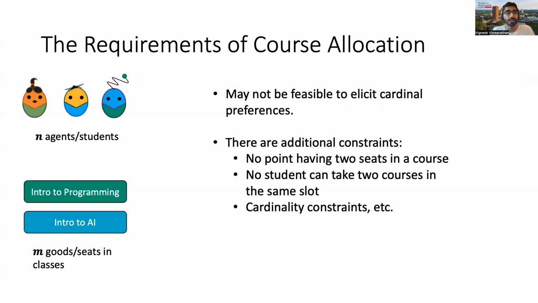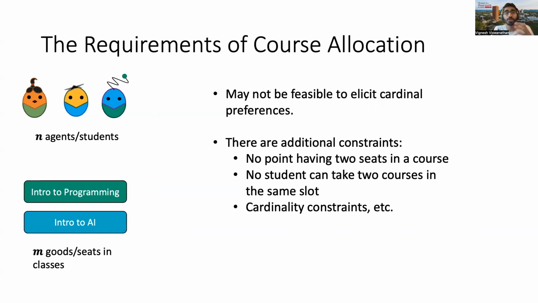The second is that there are additional constraints which prevent each student's valuation from being additive. For example, if we're allocating course seats to students, there is no point of having two seats in a course because, well, one's enough for one student.